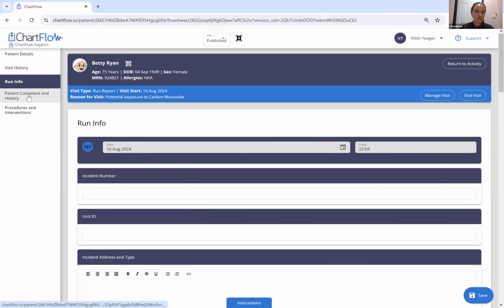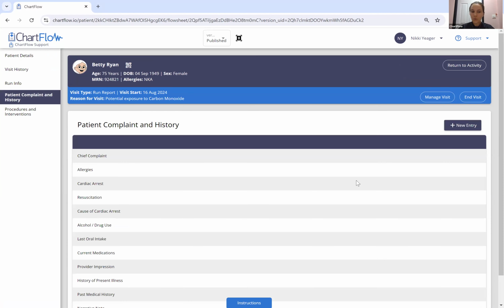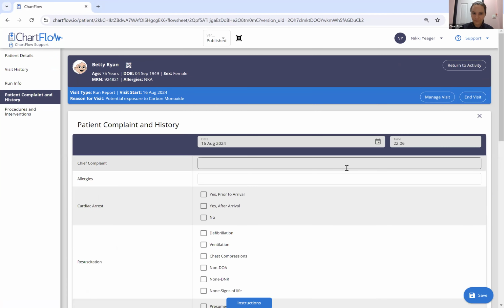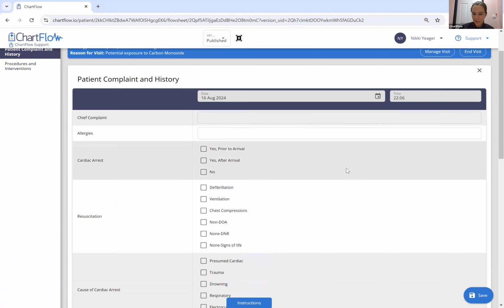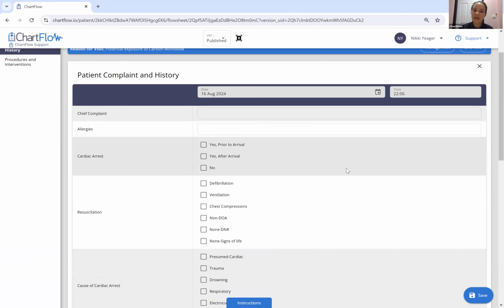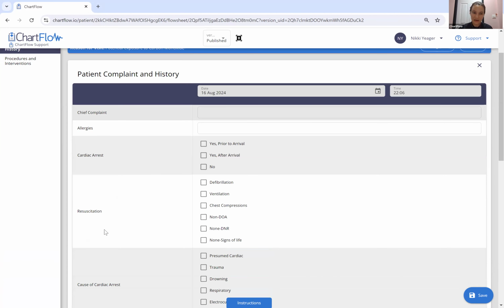Another thing they can do, if you look on the left-hand side, I'm clicking into where it says patient complaint and history. When you go into an EHR or any type of charting, you're usually going to have a new entry button, and this is going to pull up a bunch of fields. Although they may have different headers, this is very similar to what you would say when you're teaching a sample history.